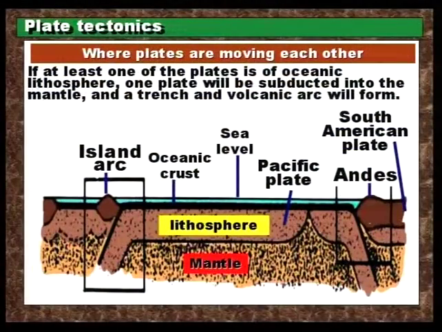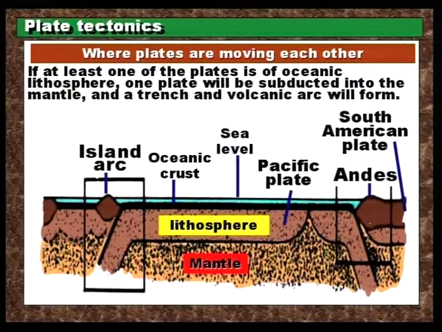Second example here, showing us where plates are moving towards each other. As explained, if at least one of the plates is of oceanic lithosphere, that plate will be subducted into the mantle and a trench would be formed, as well as another of those important features, especially for a plate which is of oceanic lithosphere. Beside a trench to be formed here, there is also a volcanic arc which will be formed.